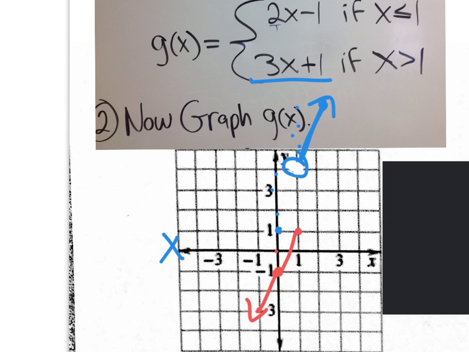And they don't have to be connected, as you can see. But it is continuous because even for the x value, the input of 1, your output is 1. Even though there's a gap on the y's, there is no gap on the x's. Does that make sense? Yes. I hope so. Okay, so let's move on to the next one.